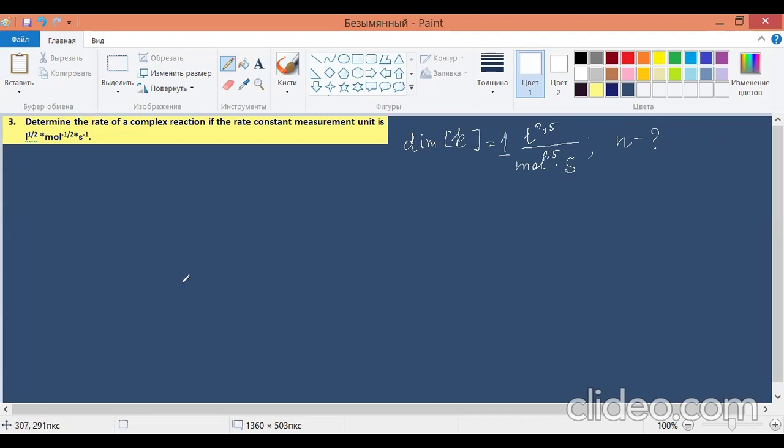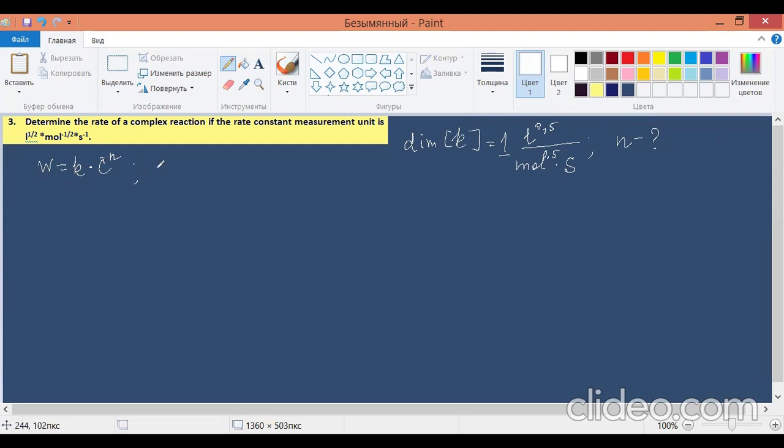Okay, let's see that. Now, how can we solve this problem? We should remember that the rate of reaction is equal to k, the rate constant, times the concentration of the reagent raised to n, right? And now we're not going to work with this equation itself, but with the measurement units of the elements which make up this equation.